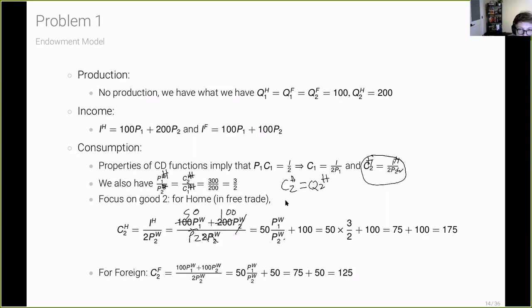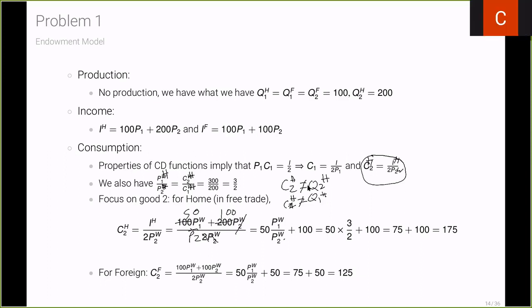So the way we would solve for Home's autarky price is we would replace these consumption values with exactly the amount that we've been endowed with. When we move to free trade, we don't necessarily have to consume exactly what we've been endowed with, and that's what's different. So the big difference between calculating them both is that you'd figure out a different relative price when Home is in autarky. Okay, thank you.